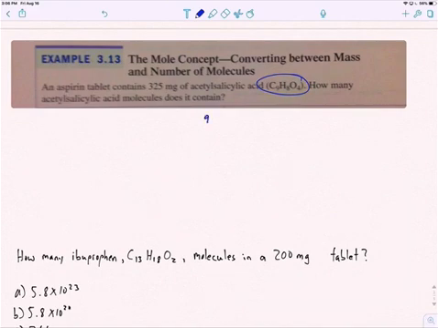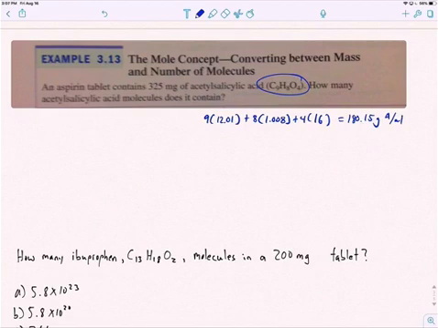It's 9 times 12.01 for carbon, plus 8 times 1.008 for hydrogen, plus 4 times 16.00 for oxygen. And if you do this, you get 180.15 grams of aspirin per mole. I'm going to say A for aspirin.